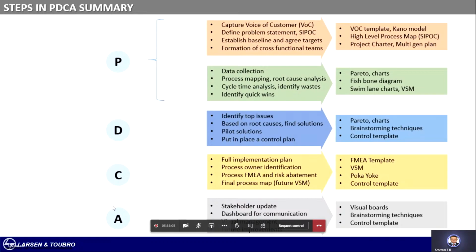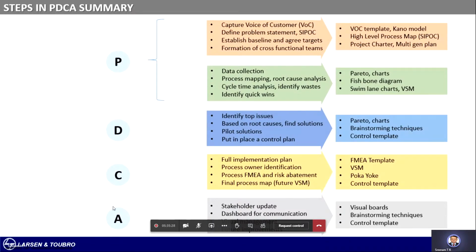Once that is complete, we look at data collection, which is still a part of plan. We can look at data collection, process mapping, cycle time analysis, identifying wastes and identifying quick wins that I mentioned. So that summarizes the plan phase of the cycle.